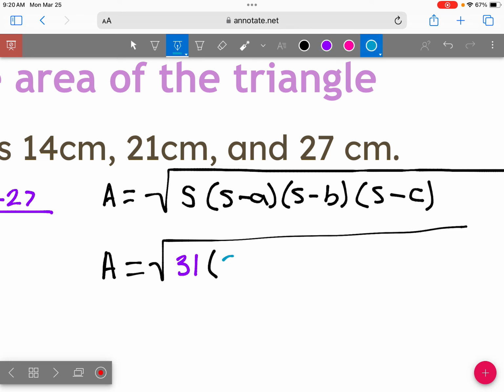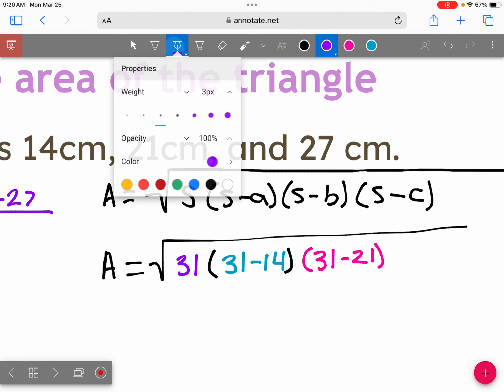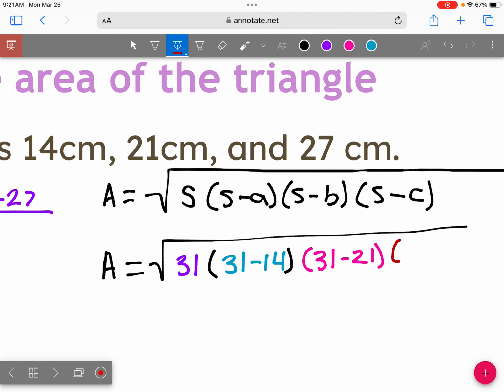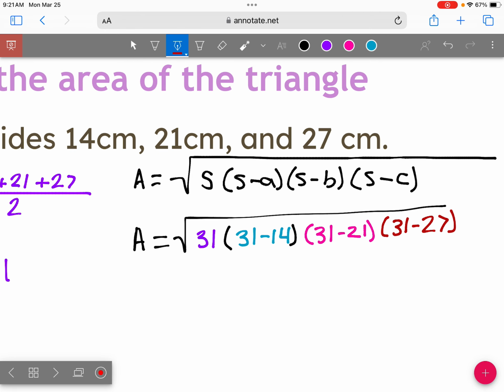Then we're going to do 31 minus 14, 31 minus 21, and 31 minus 27. So we grab all those pieces and substitute them in.